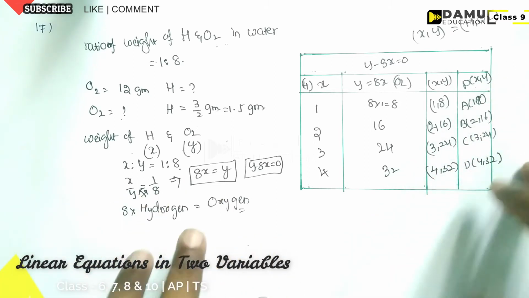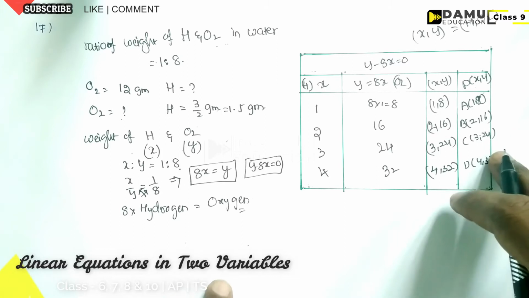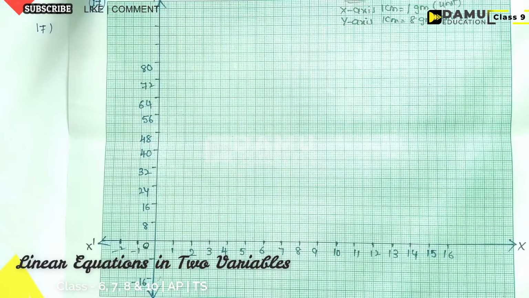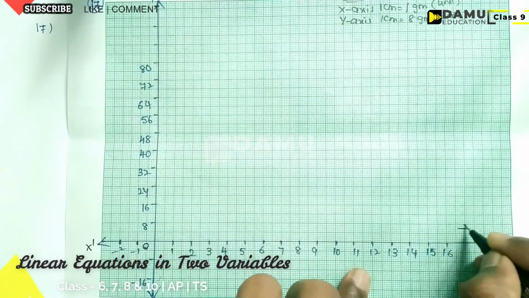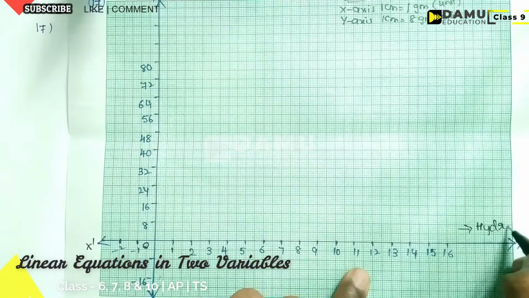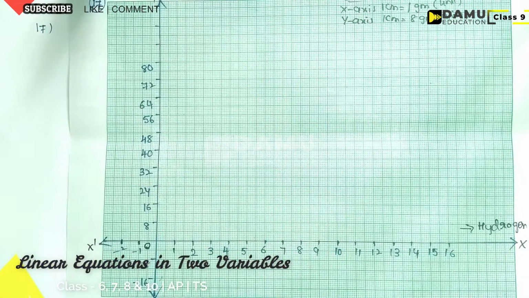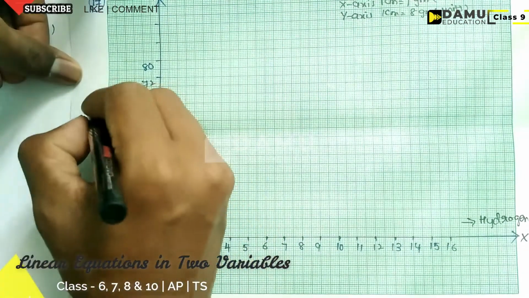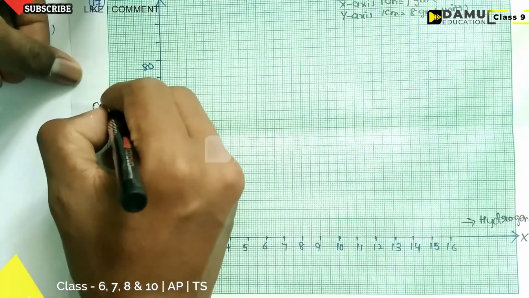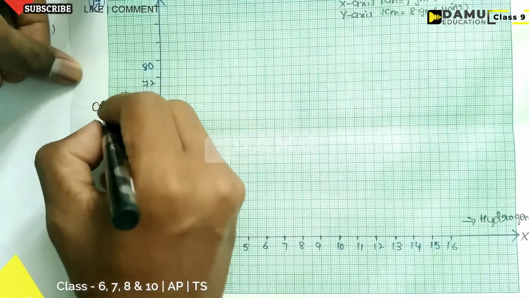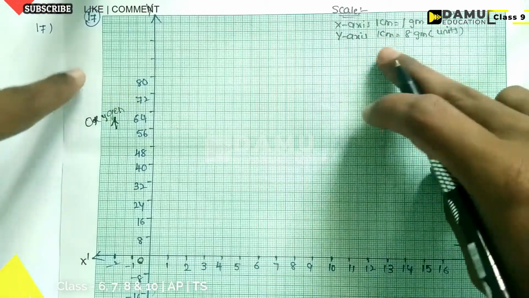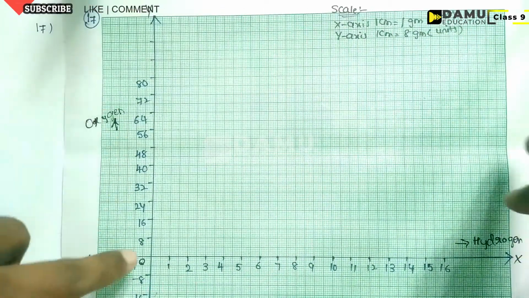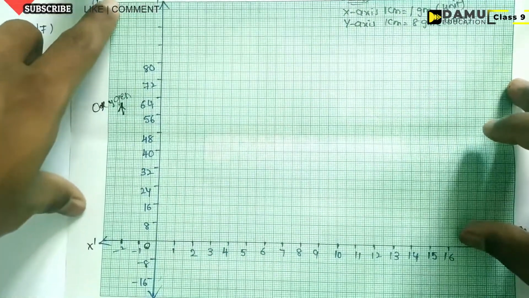So like this we need to take the values. We are taking x-axis and y-axis. Here x is hydrogen quantity and y is oxygen quantity. So the scale is: on the x-axis 1 gram, and on the y-axis we took 8 grams, so it is the multiple of 8.